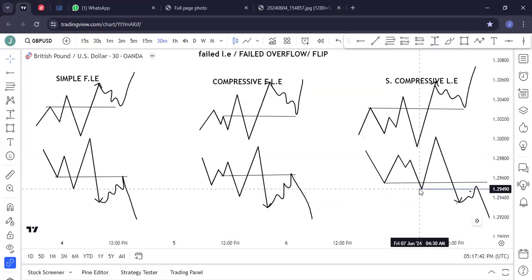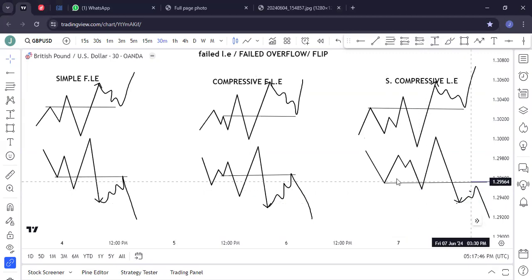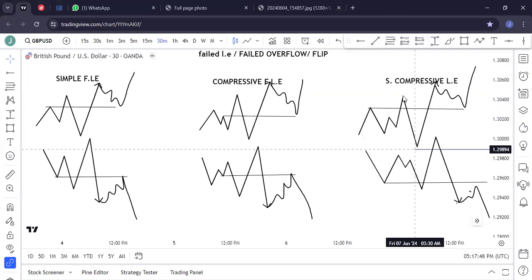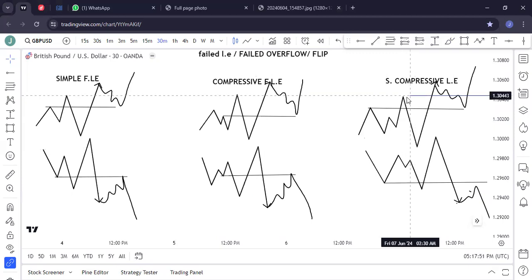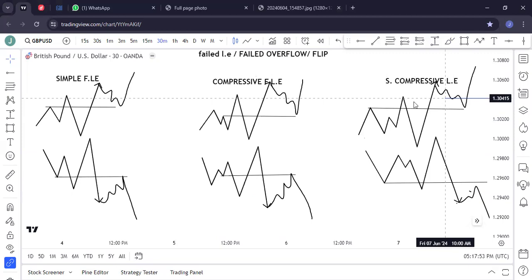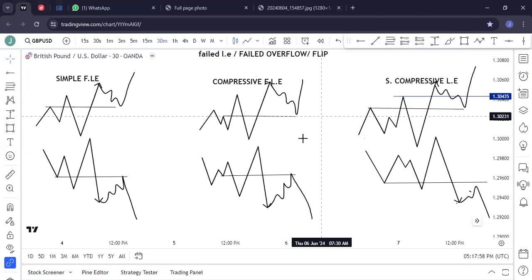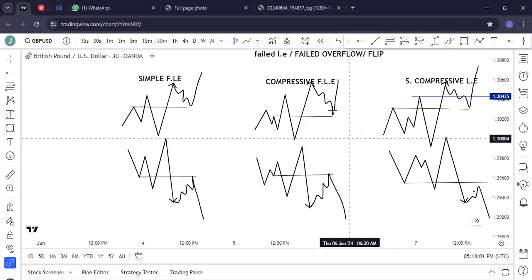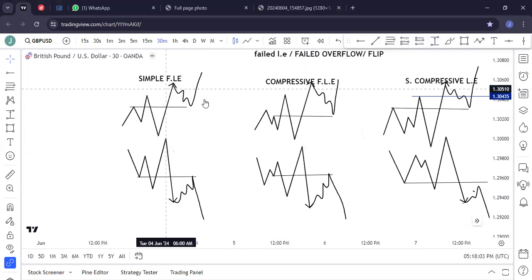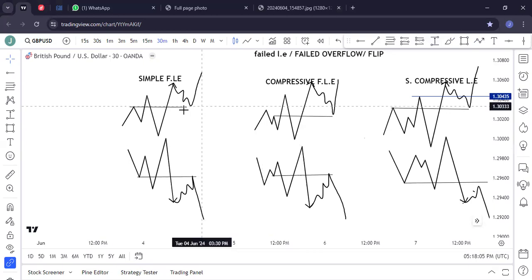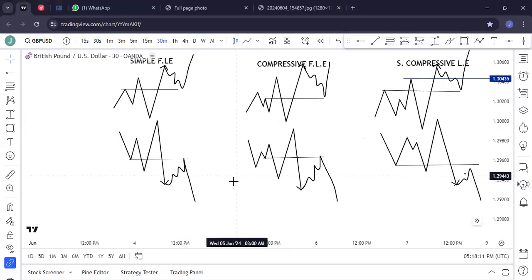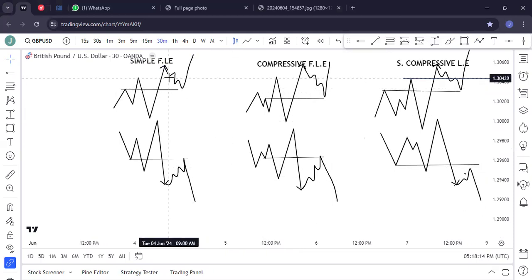Also here, when the market closes here by body is when we can consider this point as entry, or here when the market closes here by body is when we can consider this point as our entry point. So you have to make sure that if the market just swipes by the wick, you cannot enter that failed liquidity engineering, because there is high possibility the market can shift.